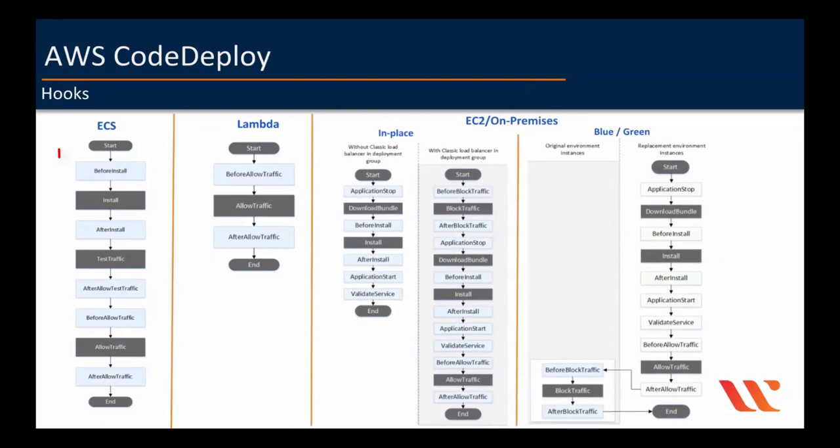So CodeDeploy follows this order while executing the hooks sequentially. You can provide one or more scripts for each hook in here, and they get executed in this order. The ones in gray color cannot be scripted. They are being used by CodeDeploy internally. For more detailed information on hooks, you can visit the AWS documentation.